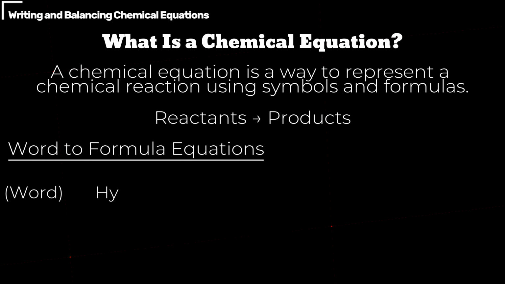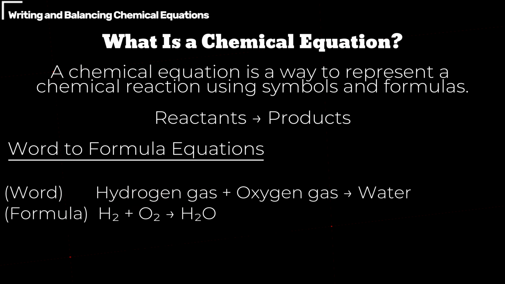For example, we can say hydrogen gas plus oxygen gas equals water. Or we can put it in formula form like hydrogen H2 plus oxygen O2 giving you H2O, which is the formula for water. So the first thing we do is to convert the names into chemical formulas. Hydrogen becomes H2, oxygen is O2, and water is H2O.